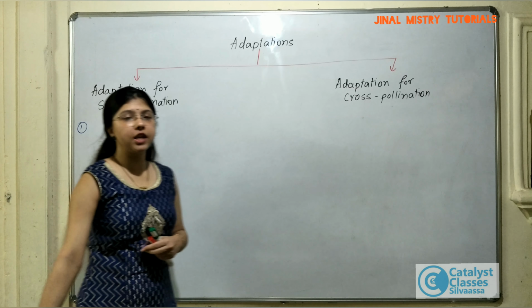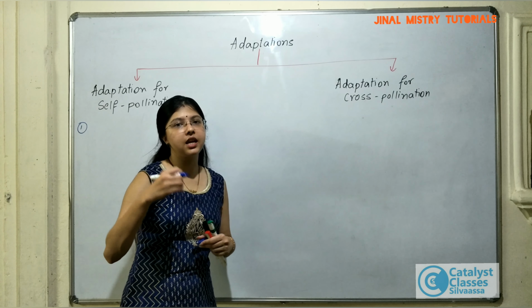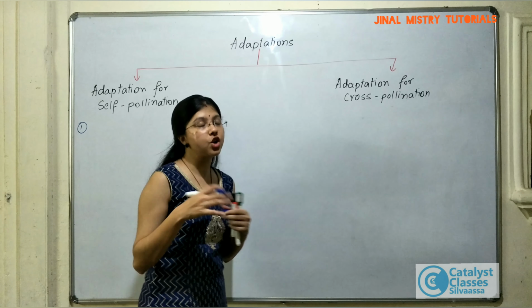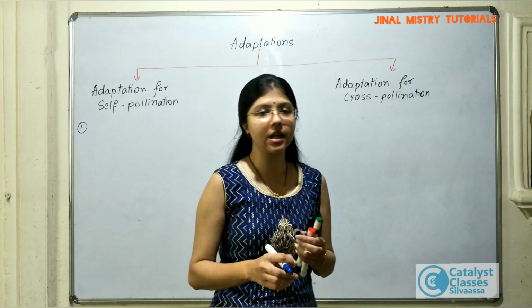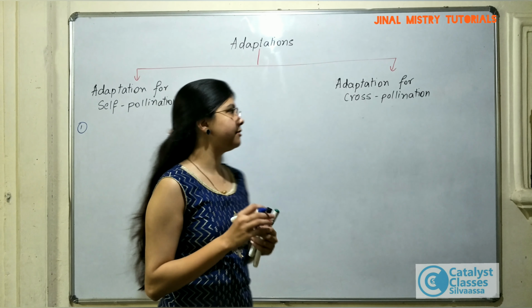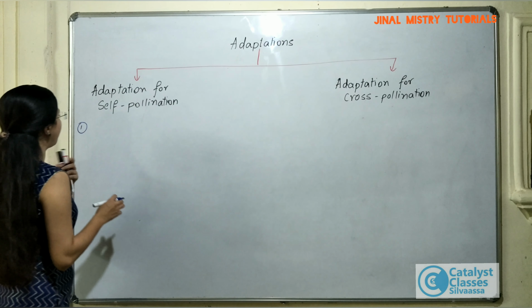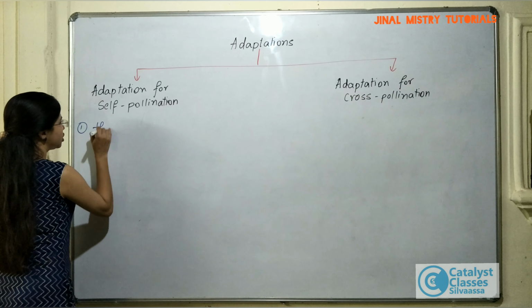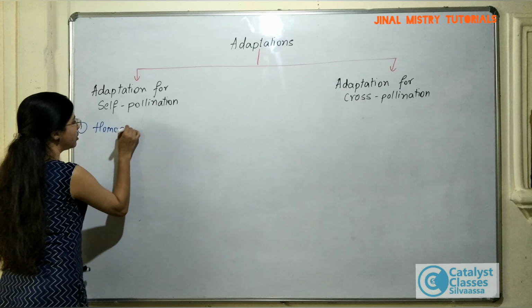We have already studied self-pollination is the transfer of the male gamete up to the stigma within the same flower. So in case of self-pollination, one of the adaptations is called homogamy.